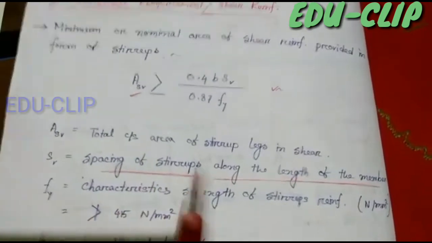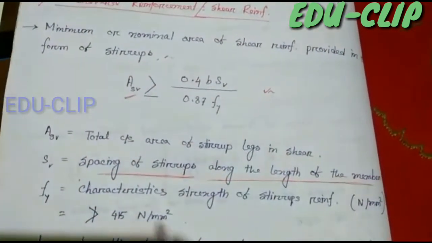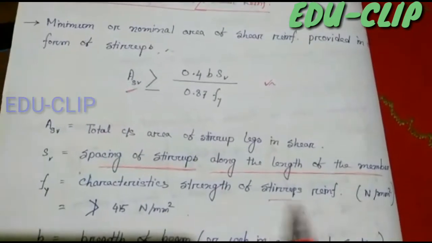So it is the spacing of stirrups. And fy is the characteristic strength of the stirrup reinforcement.